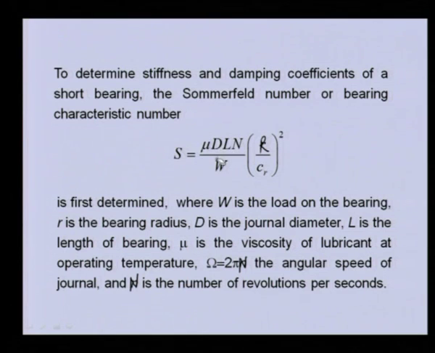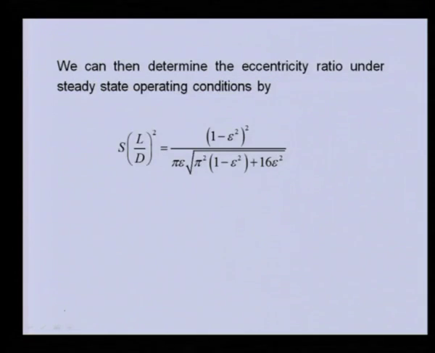For a particular bearing at a particular speed, we will know the Sommerfeld number, and from this equation we need to find out the epsilon value for that Sommerfeld number.